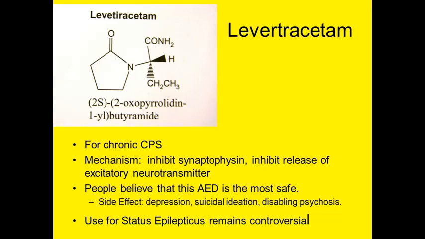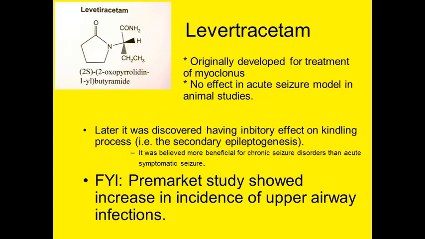Use of this agent for status epilepticus remains controversial. Levetiracetam was originally developed for treatment of myoclonus, and there was no effect in acute seizure models in animal studies. So initially it was discarded in the drug substance selection.